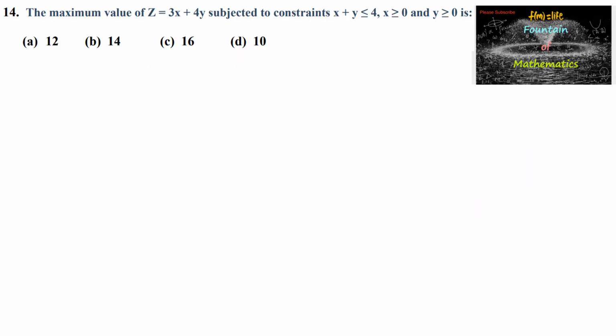The maximum value of z is equal to 3x plus 4y subject to the constraints x plus y is less than or equal to 4 and x is greater than or equal to 0, y is greater than or equal to 0. So let us draw the graph.